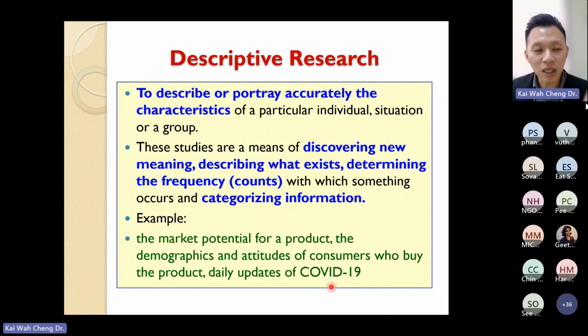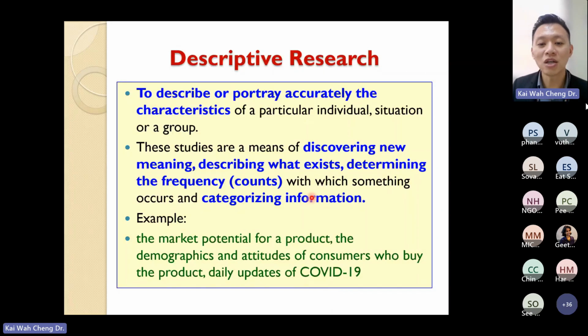The ministry or the government had a daily report on TV at 5 p.m. every day. So if you were conducting a research at that time, maybe you would be interested to collect the data according to the daily COVID-19 cases that had been identified in Malaysia. So this is one example of descriptive research.